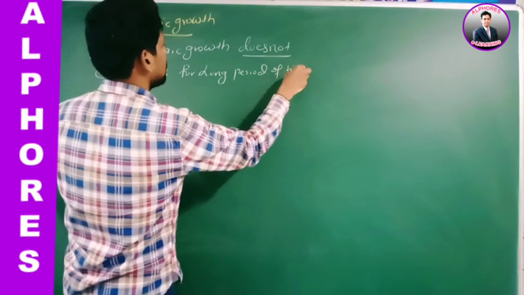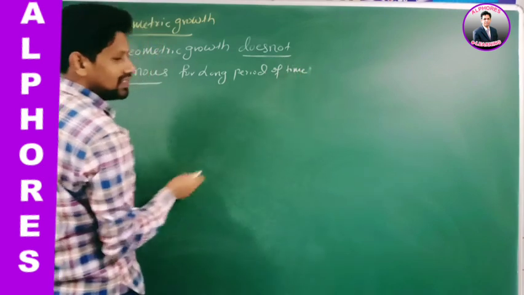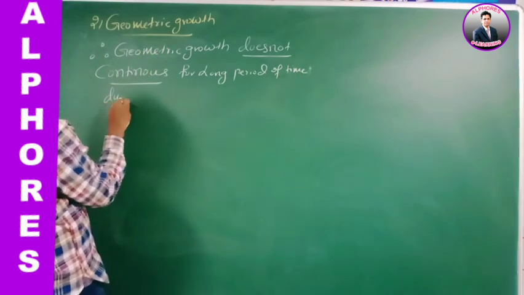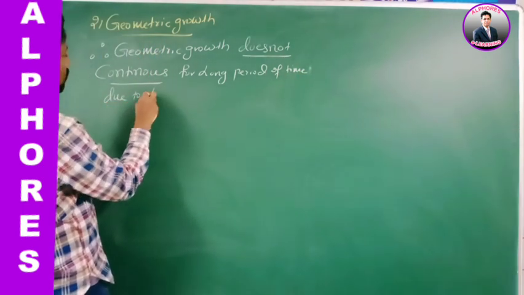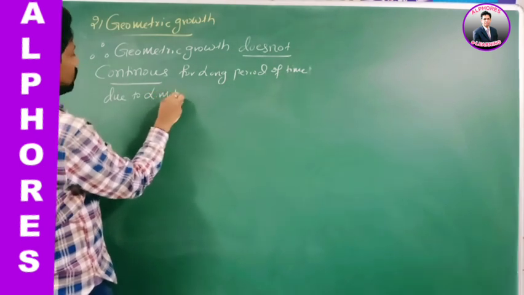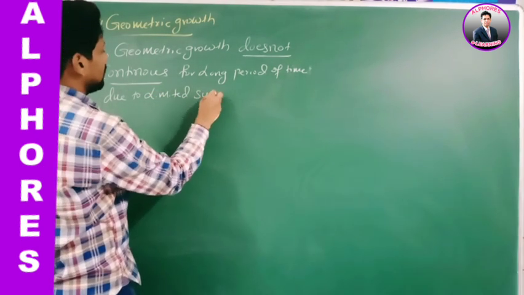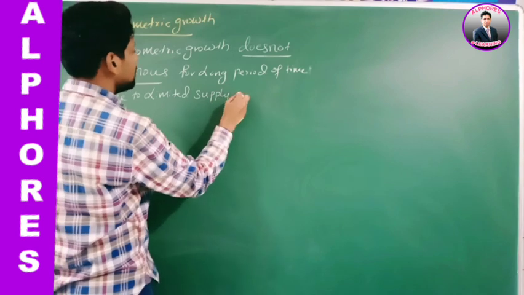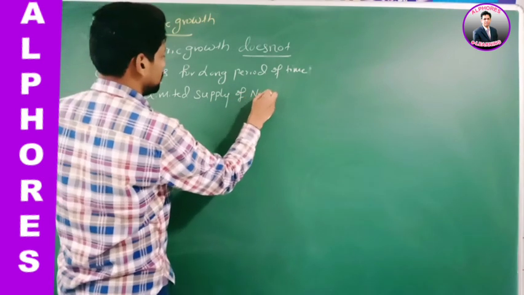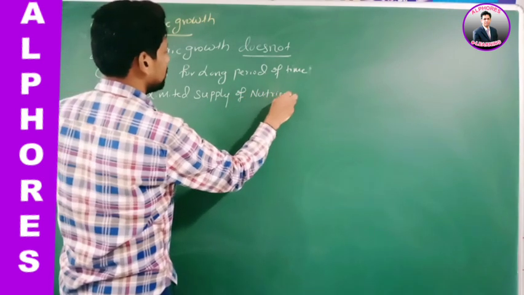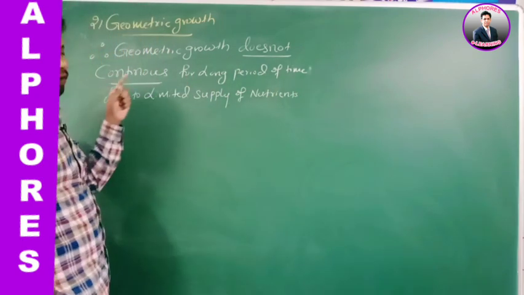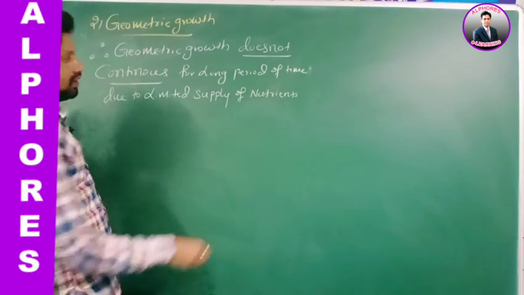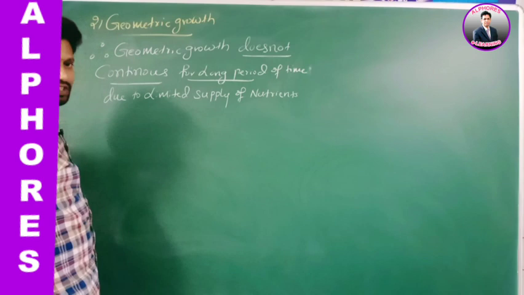Why? Due to limited supply of nutrients. Due to limited supply of nutrients, the geometric growth was not continued for a long period of time. Is this statement okay?